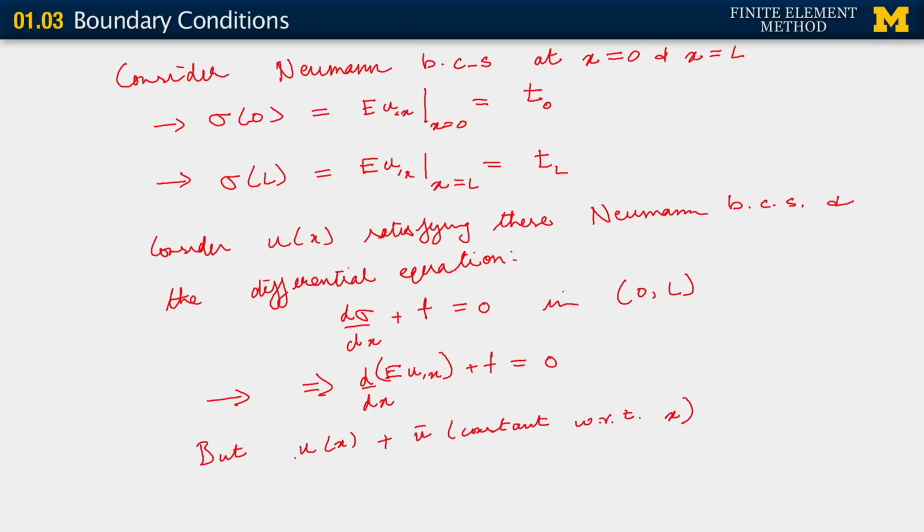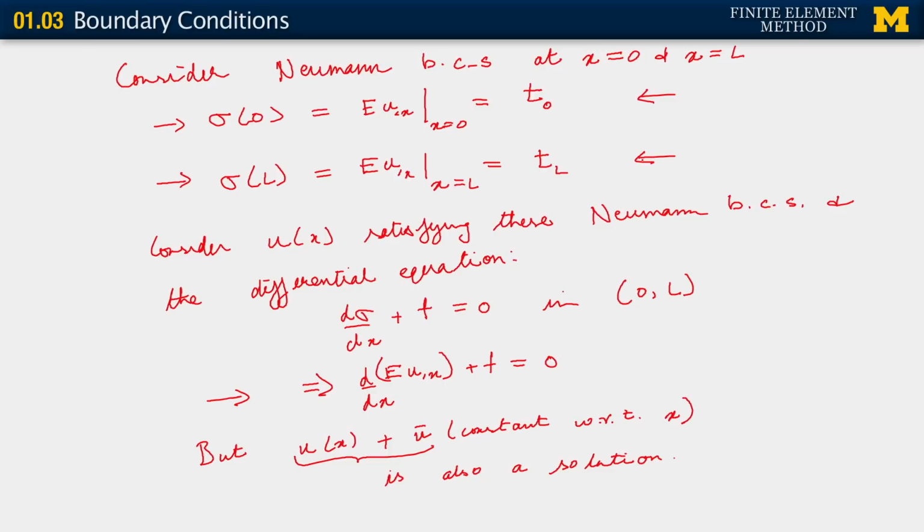This field is also a solution. Clearly, if u bar is a constant with respect to x, it would satisfy our two Neumann boundary conditions, because the derivative with respect to x of u bar would be 0. It would not contribute to that boundary condition.